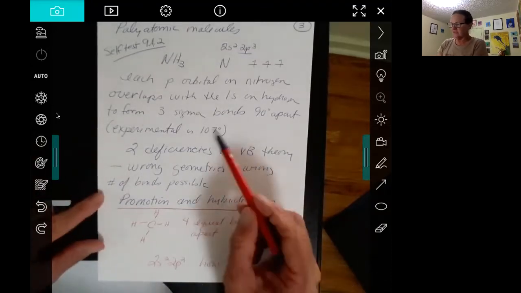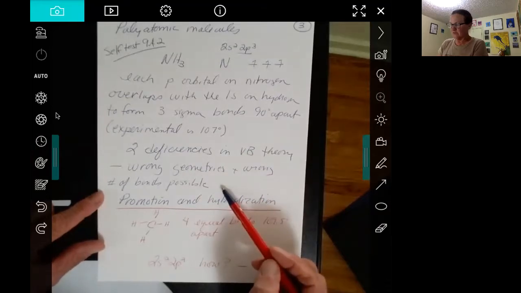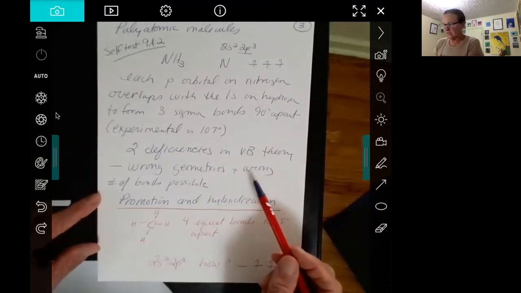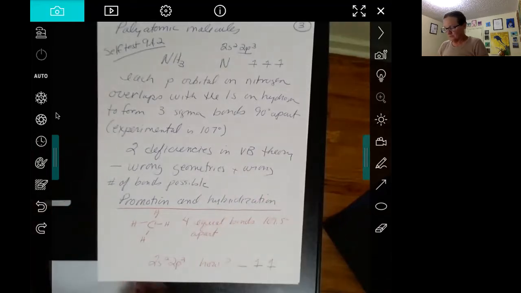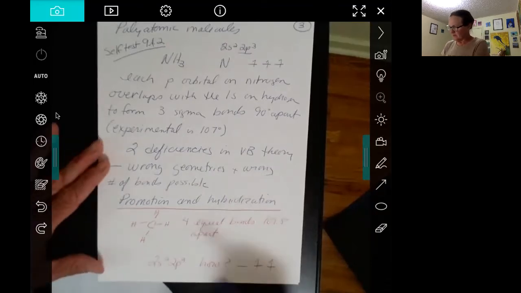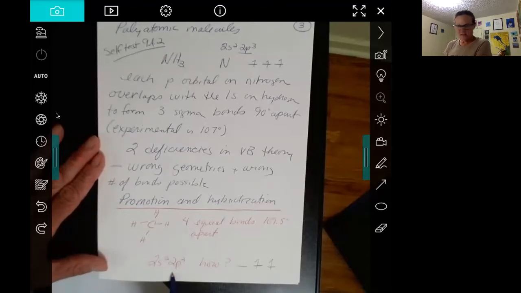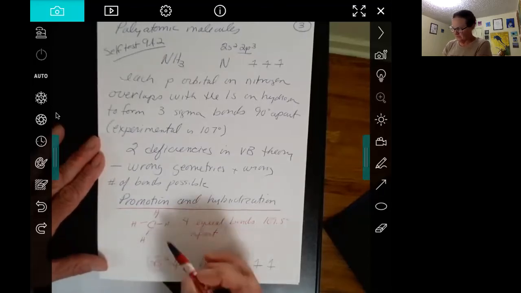So there are 2 major deficiencies in valence bond theory. Number one is you don't really get the right geometry very often. And then the other thing is we often don't get the right number of bonds. So we know that carbon forms 4 bonds in most stable situations. And in order to explain that, we have to look at its electron configuration and say, well, this is full, so it can't form a bond.